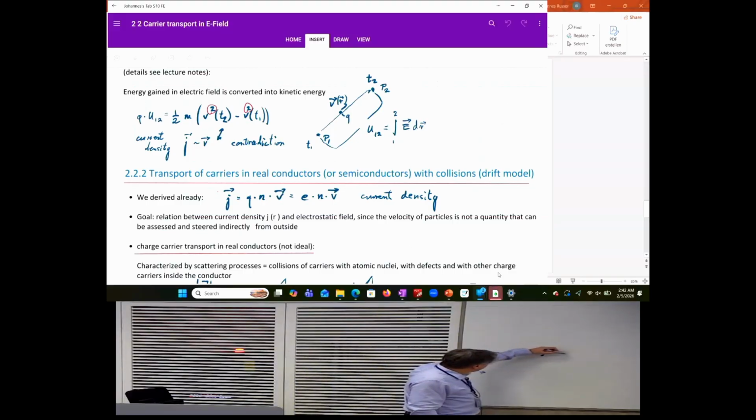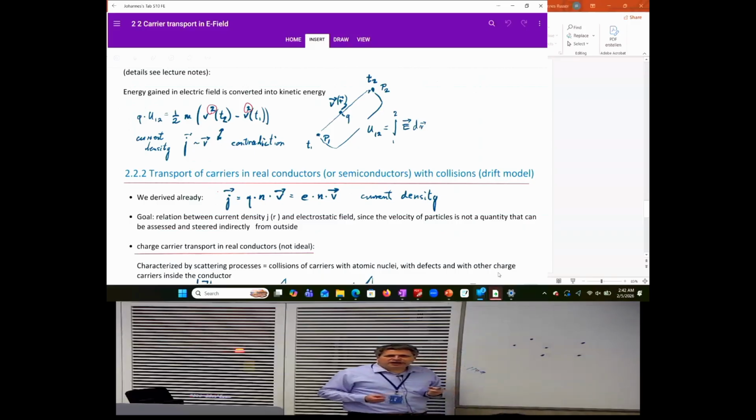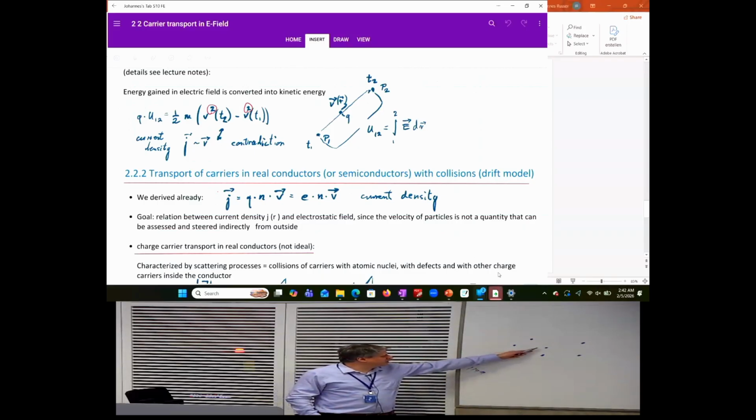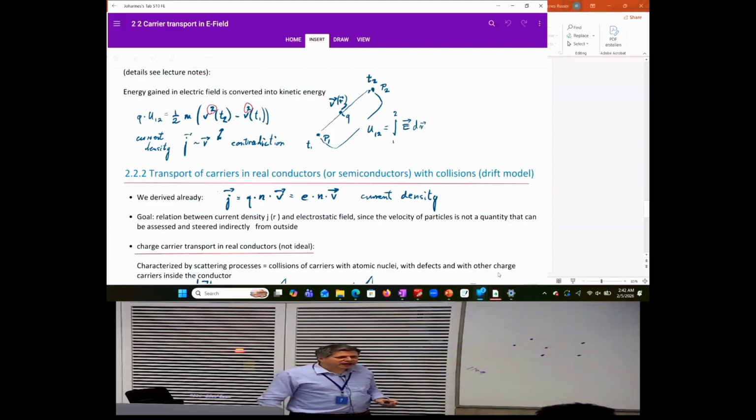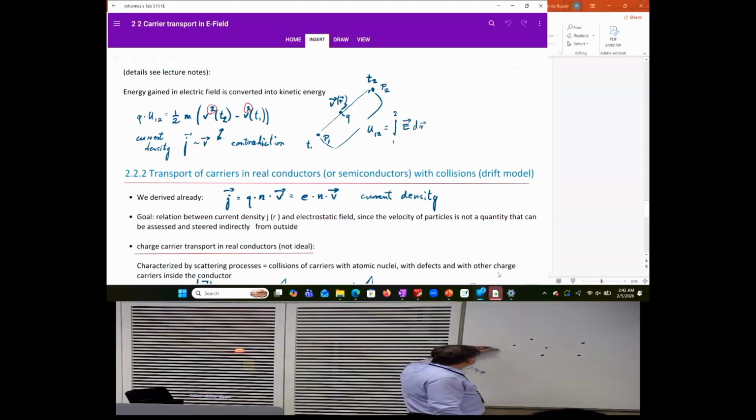They might not be evenly distributed, but in a random fashion you have your atoms with the nucleus, and there's quite a bit of distance in between. So these charges can move there.